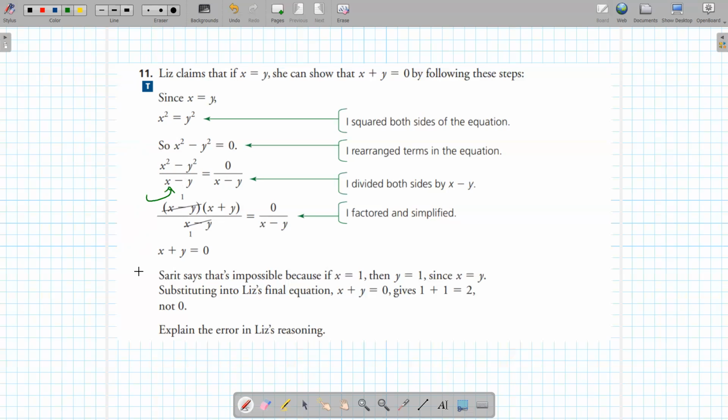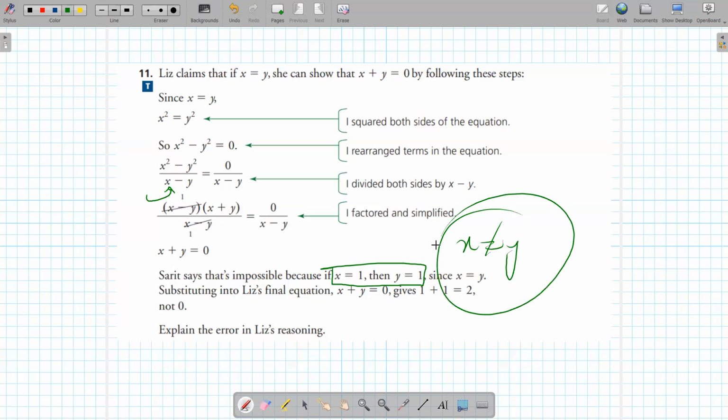What value of x would give you a 0 in this denominator? If x was y. X was y, right? So you see this, x equals 1, y equals 1. X can't be y. They can't be the same numbers, okay? In fact, when x is y, you get a 0 over 0 situation here. You get a hole in the curve. So that was something she didn't account for. And that's it for this.